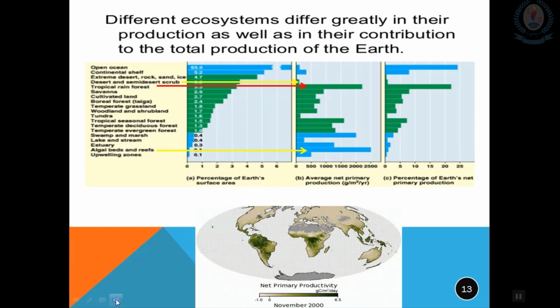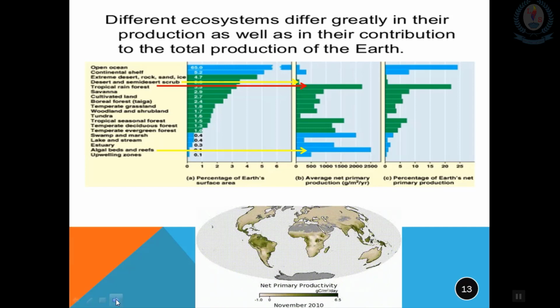If we look at the productivity of the planet, we can see that the net primary productivity varies among ecosystems, and it depends on many factors such as solar energy input, temperature and moisture levels, carbon dioxide levels, and so on. These factors affect how many producers are present to capture light energy and how efficiently they can perform their role.